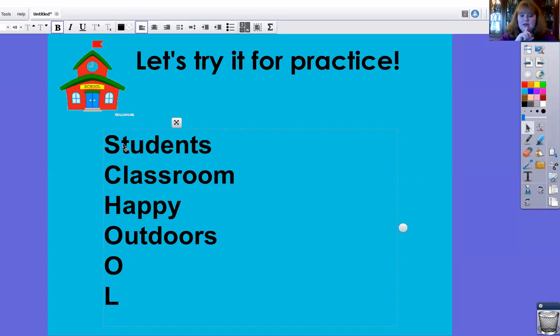Can you think of another one? It's so important to be on time. Yes, let's use that, on time. And then, oh, I love to hear your laughter. L for laughter. Yes, and that's as simple as it can be, and we have just made an acrostic.